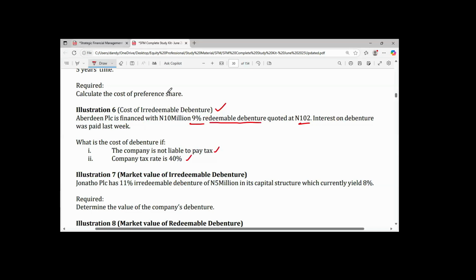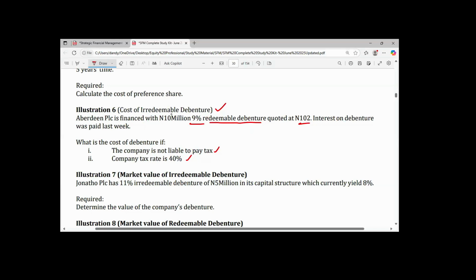In this particular question, you are not given when the debenture will be redeemed. Therefore, you are going to calculate it as cost of irredeemable debenture, because you are not given the maturity date. As a result, you cannot calculate cost of redeemable debenture. It has to be irredeemable.